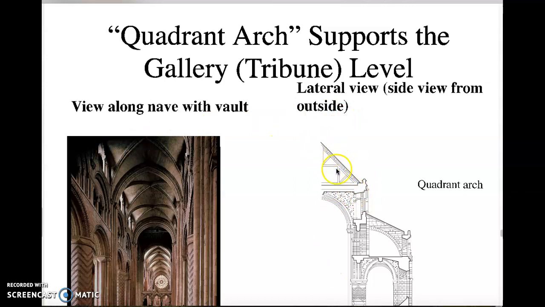So this diagram is showing you a view of the building from the side, from the outside, a cutaway view. So if you imagine this curve represents the curved ceiling of the nave, it's got its walls, then outside the building you have this buttressing system that also has a curve. It's called a quadrant arch because it's 1/4 of a circle.